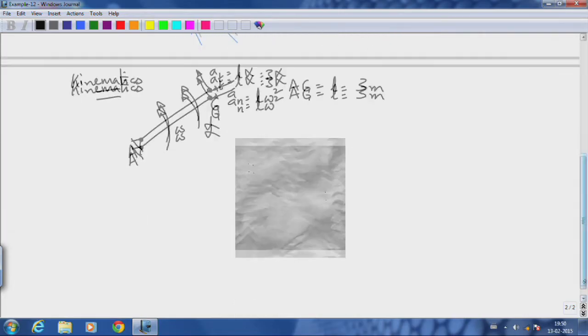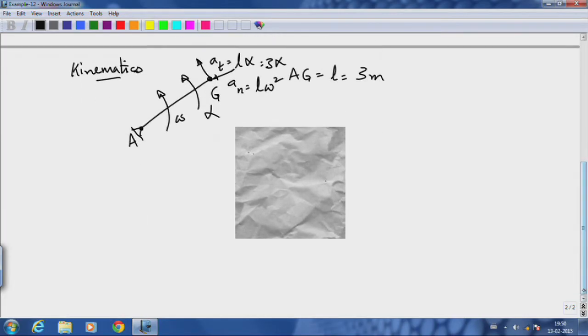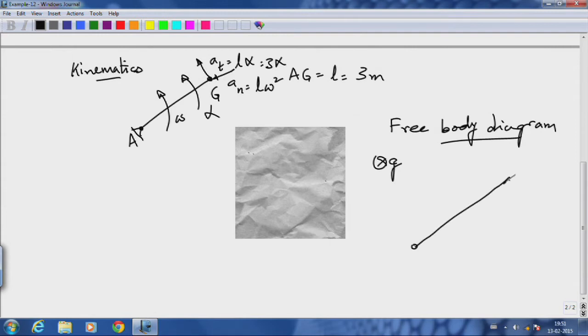Okay. So, now let us go on and draw a free body diagram of the rod. We have to first understand that gravity is going into the plane of the board. So, we have G, and at this point there is a normal reaction and a tangential reaction.